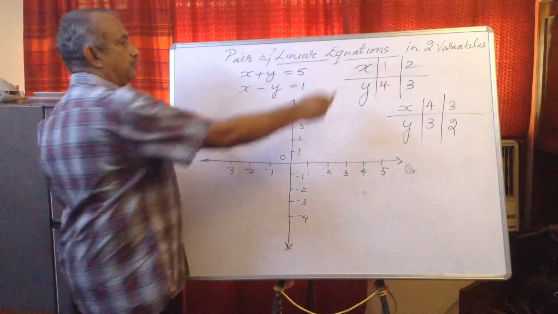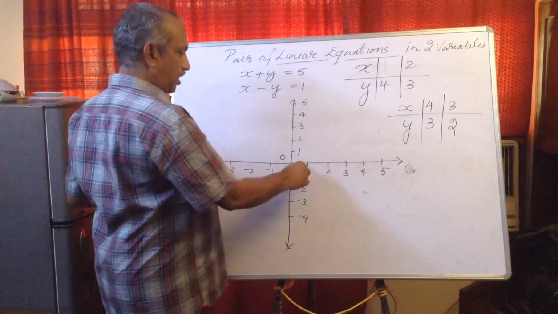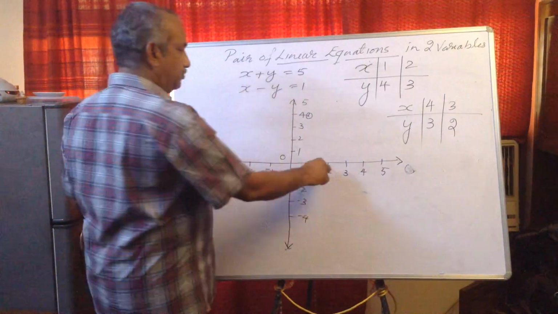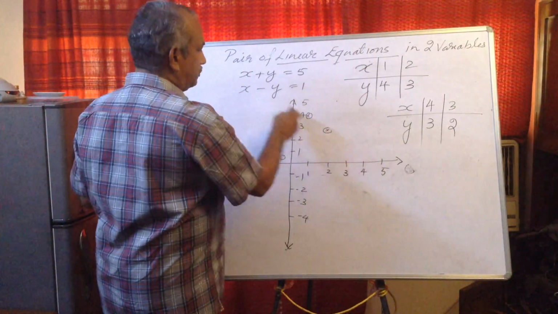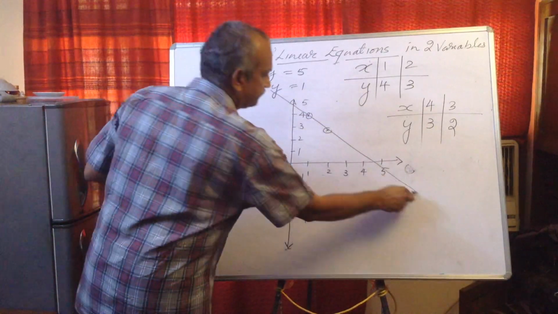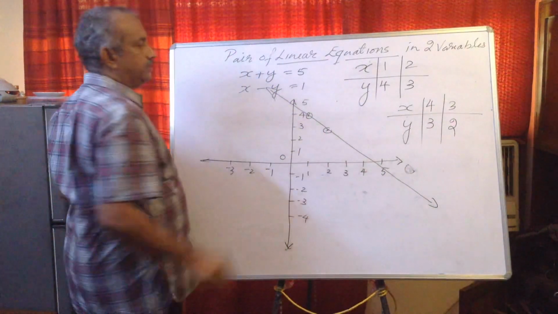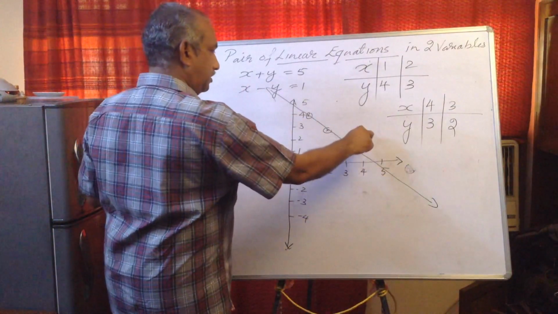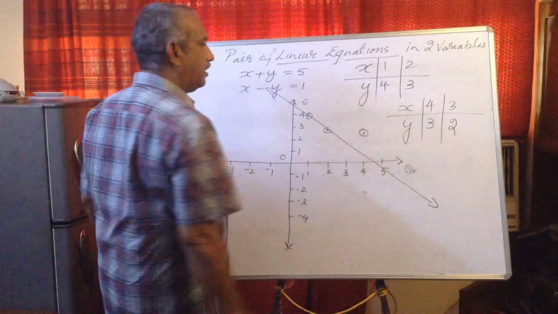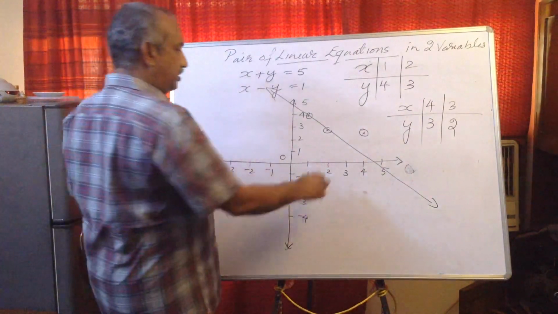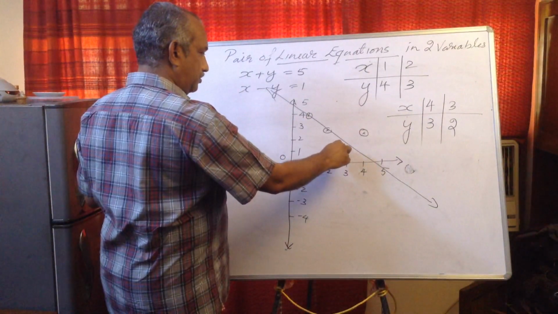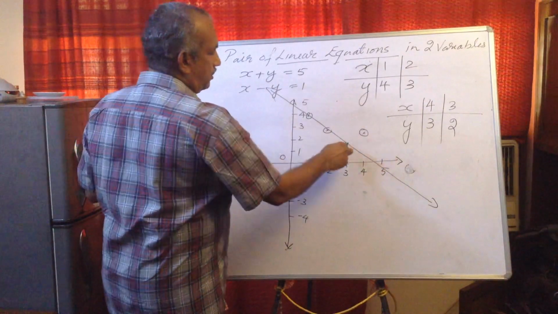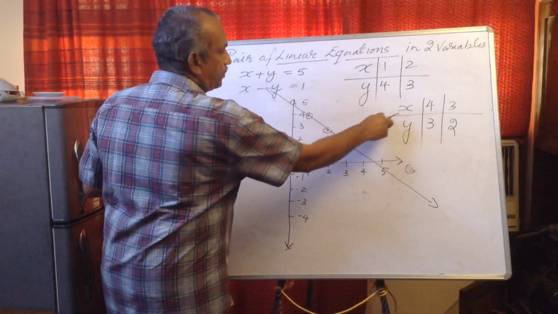Now I am going to draw the graph of this one, x 1 and y 4, say here. Then 2, 3, say here. So the first graph is going like this. Then second one, 4, 3, somewhere here. And again 3, 2, somewhere here. It will be on this one only. So draw the graph.